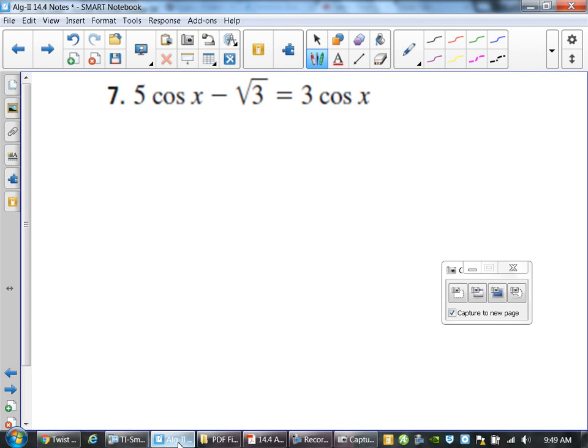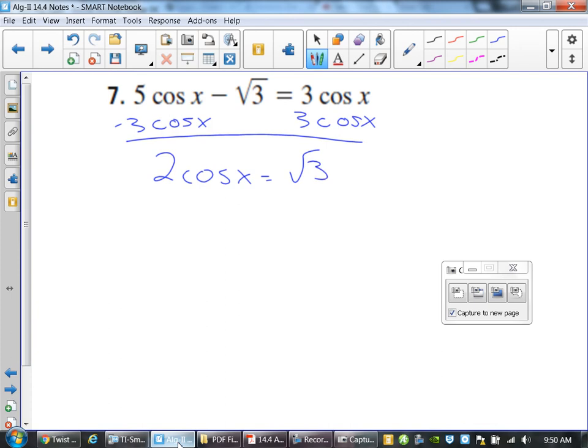If I subtract 3 cosine x, I don't move the root 3 over at the same time. I get 2 cosine x equals root 3. Now what? Divide by 2. Very good. So the inverse cosine of root 3 over 2.